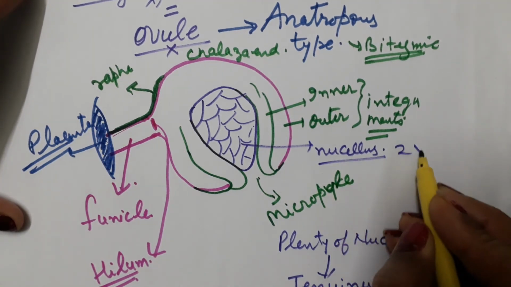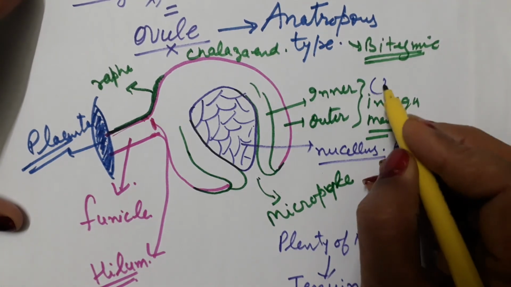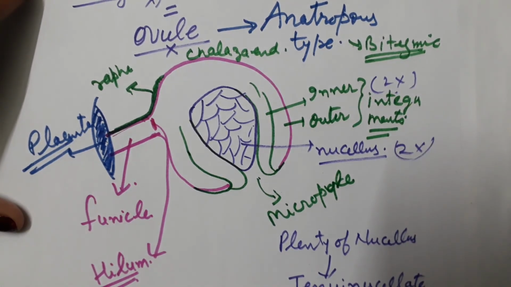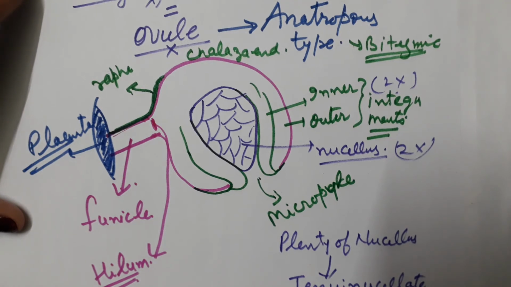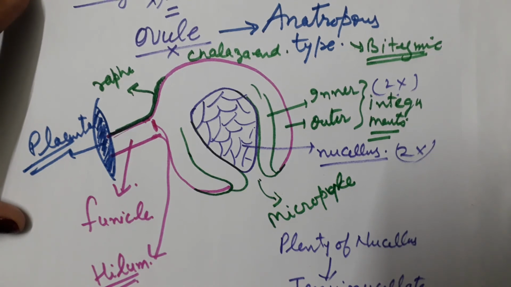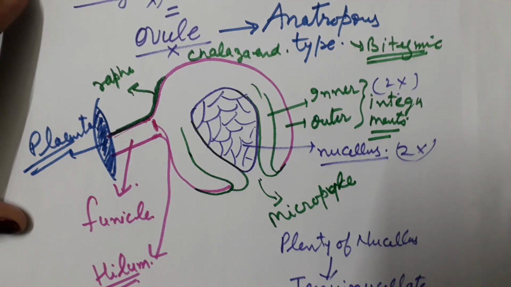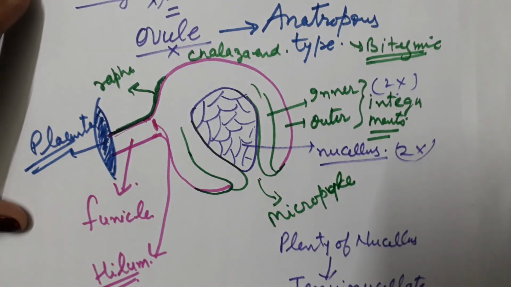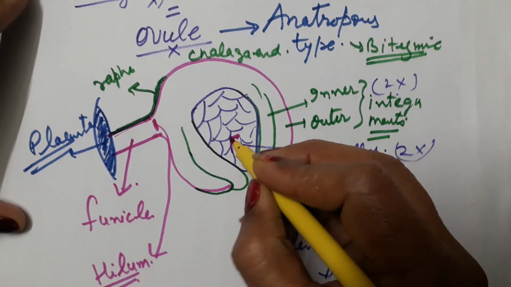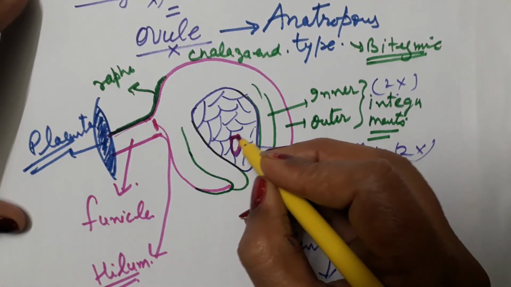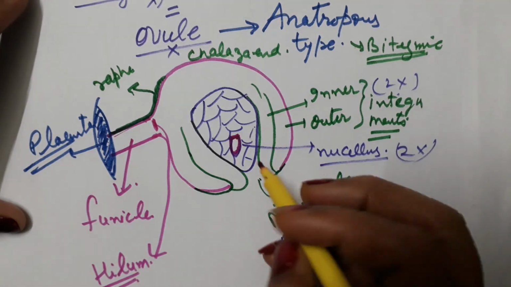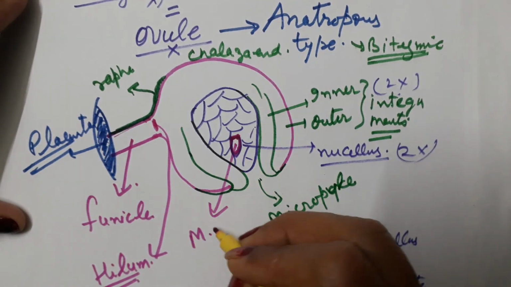What is the ploidy level in different parts of the ovule? Nucellus, 2x number of chromosomes are there. In integuments, 2x number of chromosomes are there. So all cells of the ovule represent the diploid condition. In every cell, 2x number of chromosomes are present. Now the most interesting point: a single cell from the nucellus differentiates, which we call the MMC.